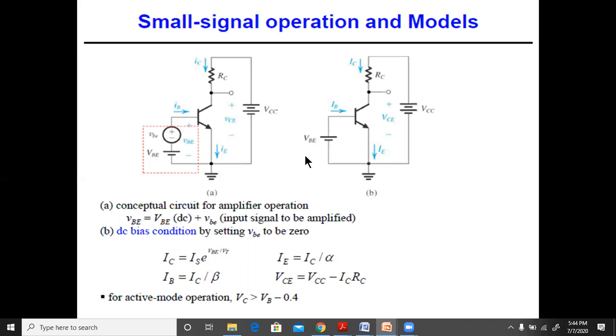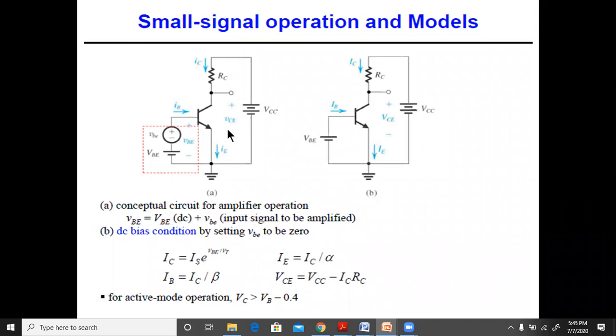That's all. Okay. Either way, VBE is equal to the VBB in the biasing circuit which we considered in the last class. Okay. So at that time, you can see that this is the instantaneous value when both the AC and DC are there. This is the instantaneous value because you have both AC and DC there.